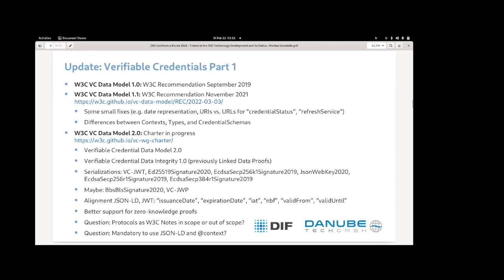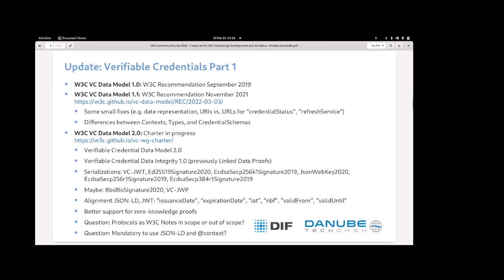This has been a subject of many discussions in the DID community. There are basically different credential formats, and some implementations and some projects use this one and some others use this one. And one objective of the new working group here will also be to try to bring them closer together.